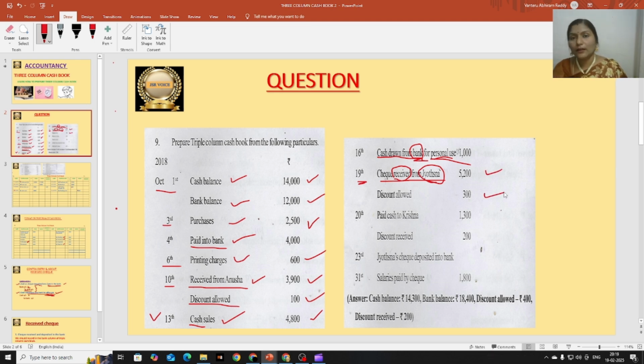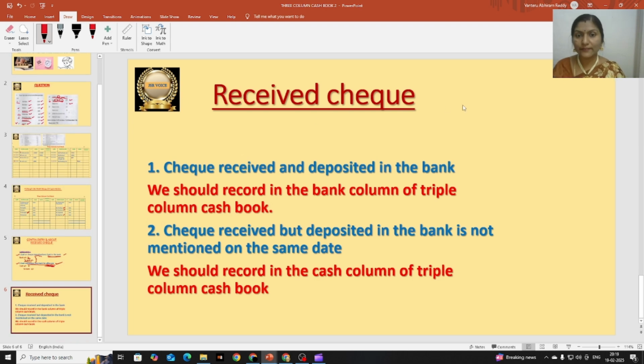Whenever any check transactions are given in the question, we will put the amount in the bank column. But you should be careful whenever a check is received, as I told you in the previous video. In case of a received check, we should be very careful whether that check is deposited on the same day or not. That should be verified. If that check is deposited on the same day, then only you put the amount in the bank column.